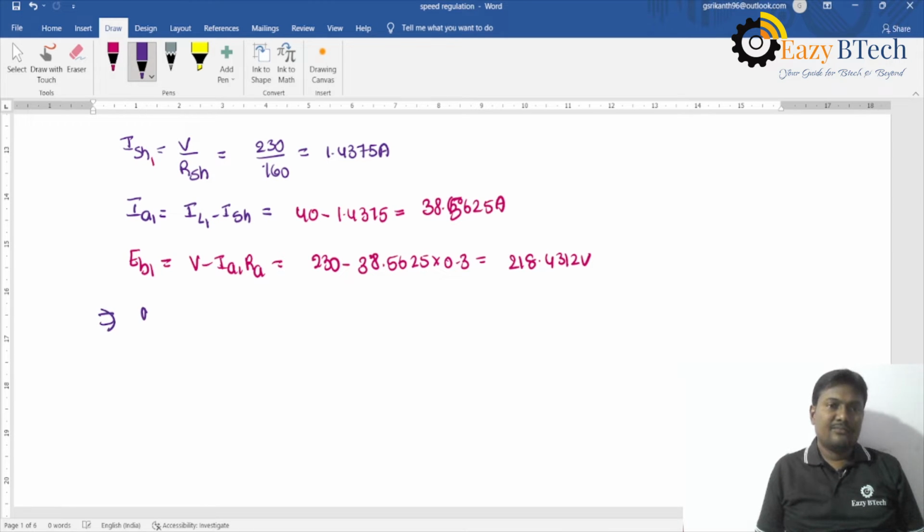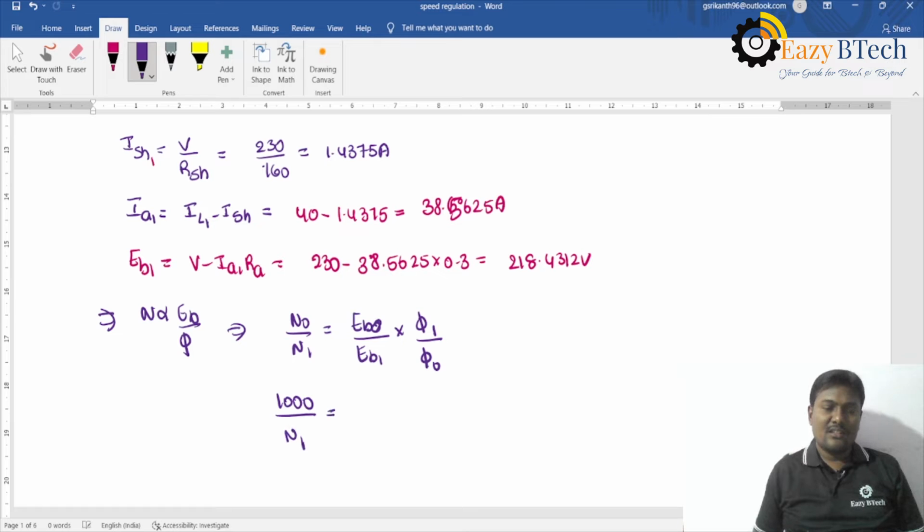We know that N is directly proportional to EB by phi. From this, N0 by N1 is equal to EB naught divided by EB1 into phi1 divided by phi naught. The no load speed is 1000, divided by N1, is equal to EB naught 229.09 over EB1 218.4312, and phi1 by phi naught.